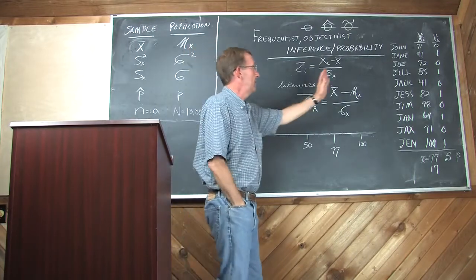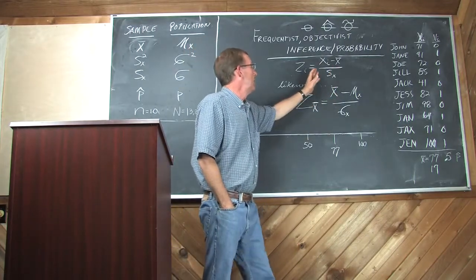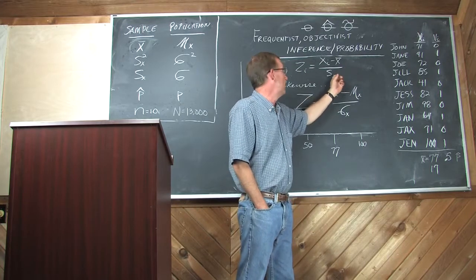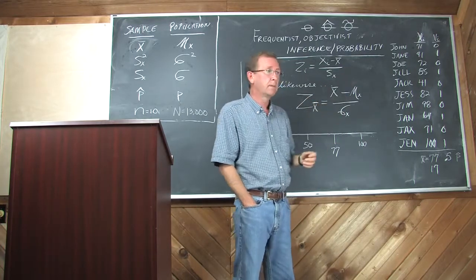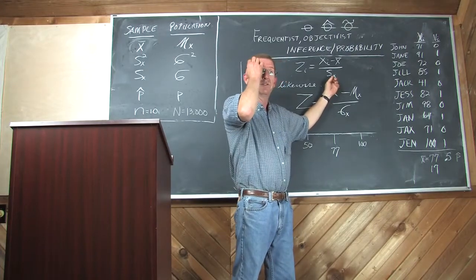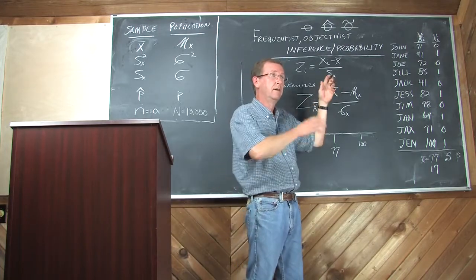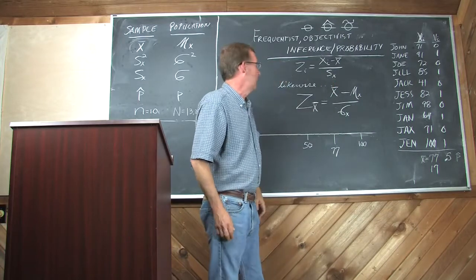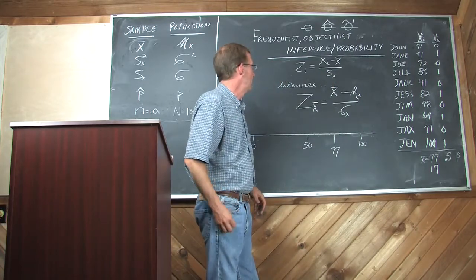You can standardize xi by subtracting its mean and dividing by its standard deviation. If you need to, go back under descriptive statistics to find how you calculate the standard deviation.